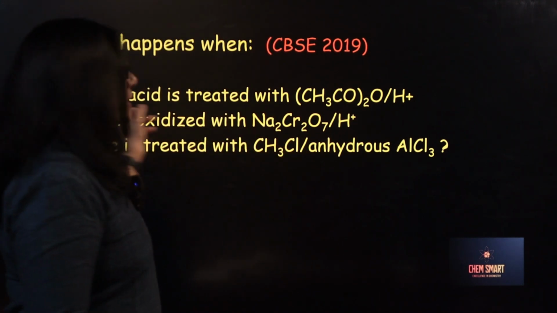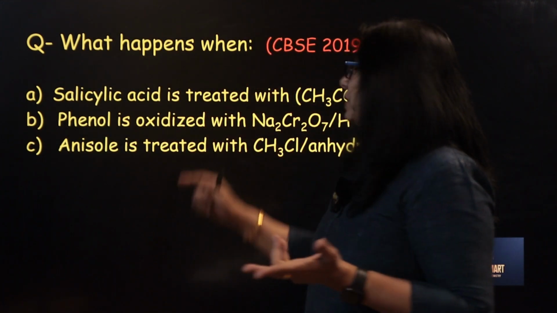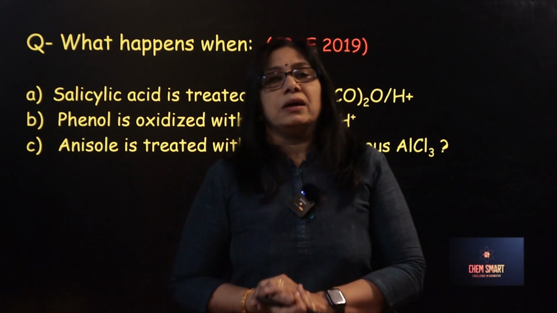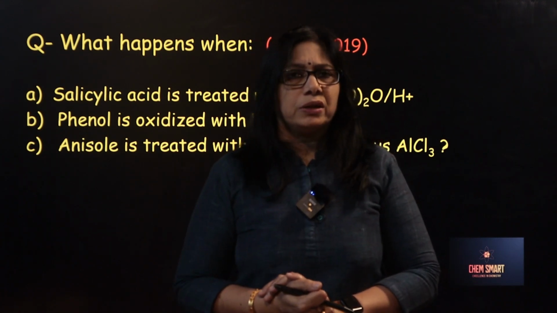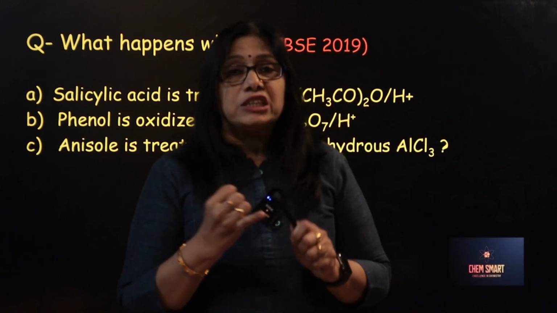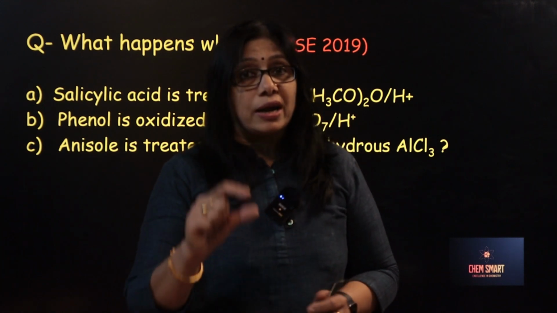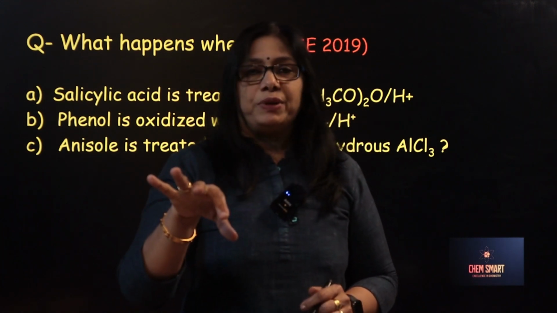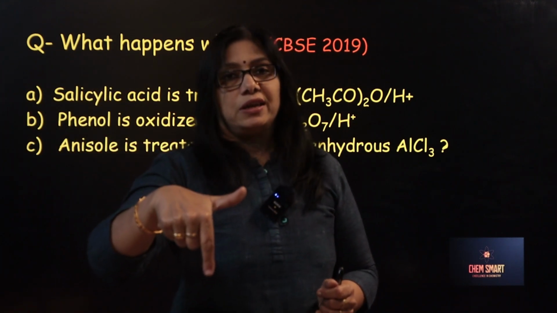So what students write here is salicylic acid is treated with acetic anhydride in acidic medium. They'll write aspirin is formed. That is not enough. Okay, aspirin is formed. So you will say aspirin is formed. You will give the equation completely. Then you will write it forms aspirin by acetylation of salicylic acid.